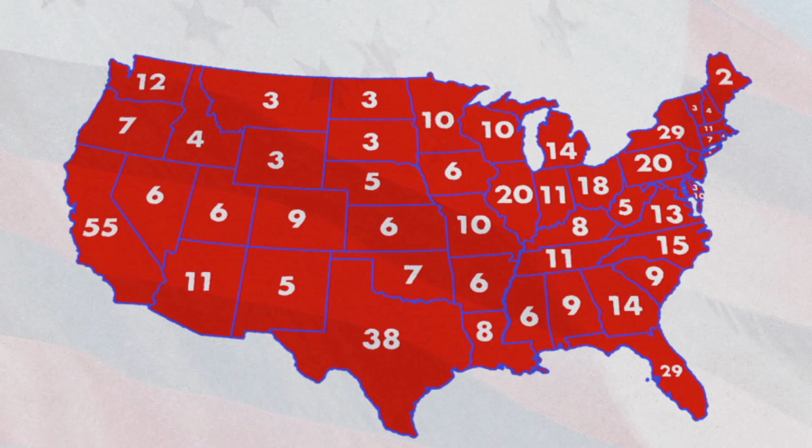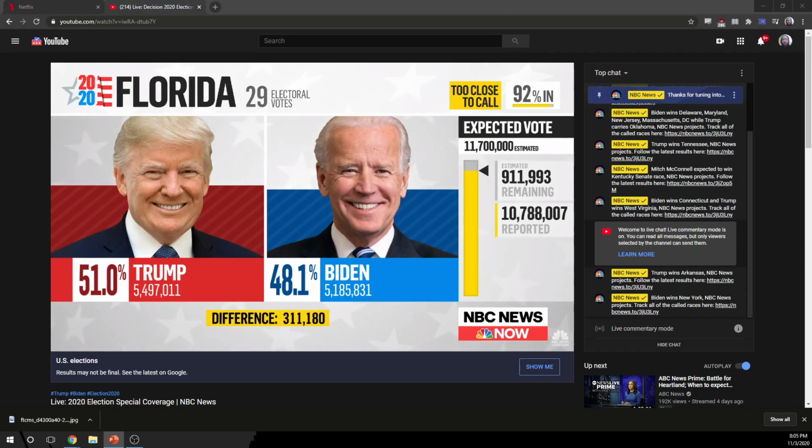The problem, though, is that it shifts the importance of certain key states. So, for instance, Florida always plays a huge role in our elections. Well, why? Because Florida is what's called a purple state. There are about equal parts Democrats as there are Republicans.